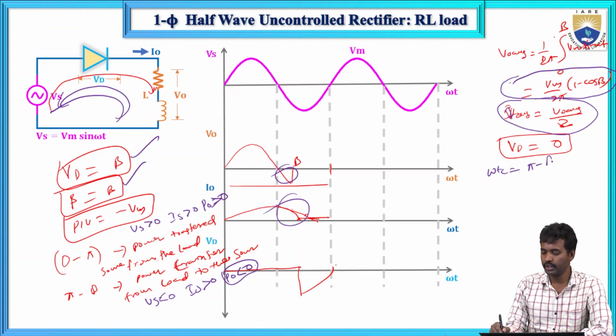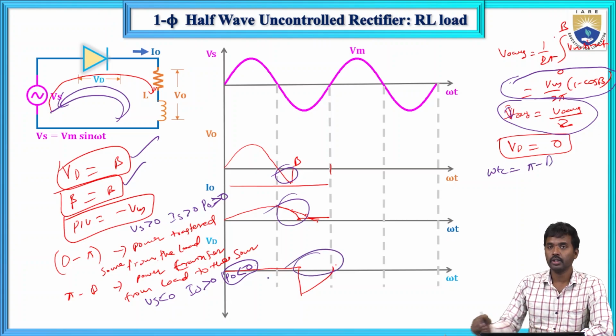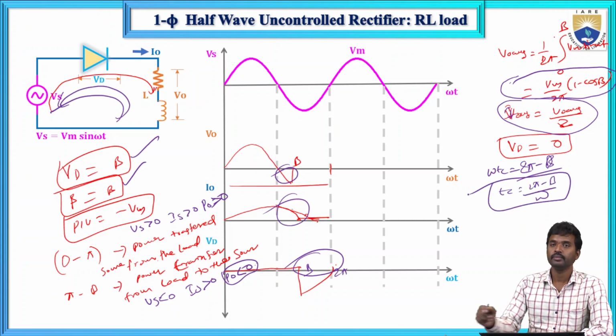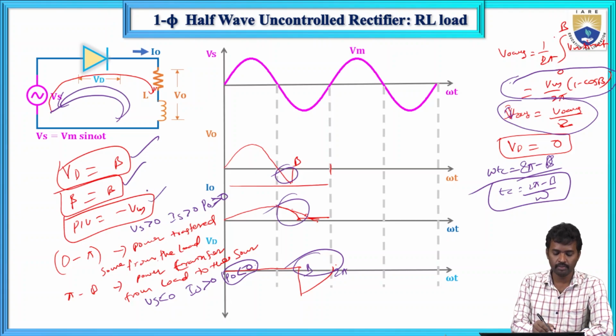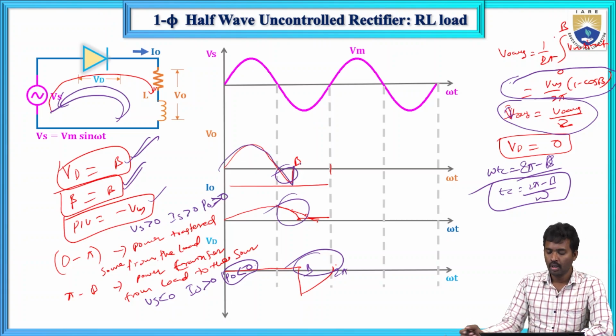So pi minus beta only, the time for which the diode is in reverse bias, 2 pi minus beta. So tc equals (2 pi minus beta) by omega. So the peak inverse voltage is minus Vm. So extension angle and conduction angle, the diode is conducting up to beta only.